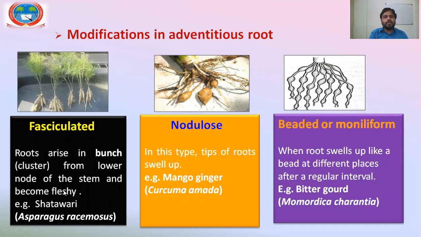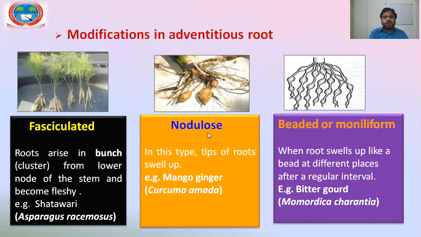For example, Shatavari, that is Asparagus racemosus. In this plant, a bunch or cluster of roots is developed from a single point, so it is called a fasciculated root. Both ends taper and the middle portion is swollen, and they are in a bunch or group. Now the next one is the nodulose root.